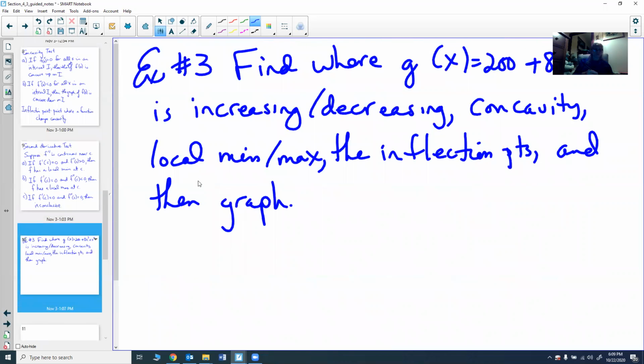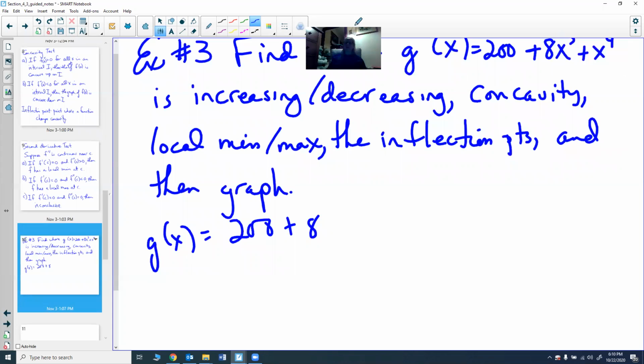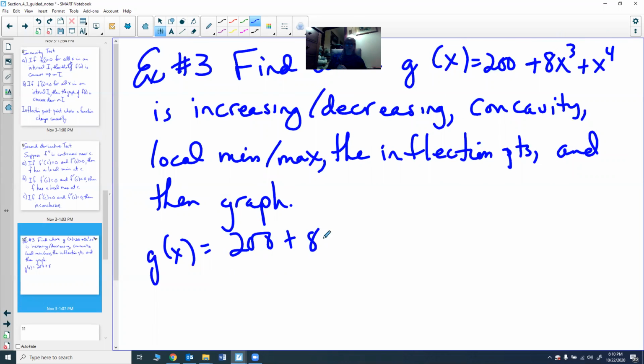So first off, my function g of x is equal to, again, 200 plus 8x cubed plus x to the fourth.